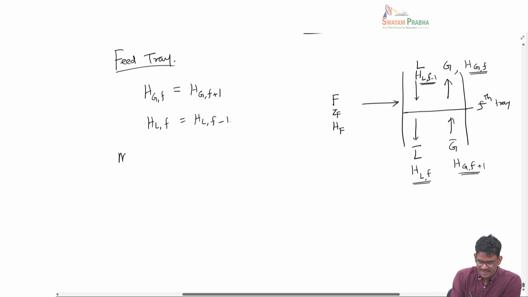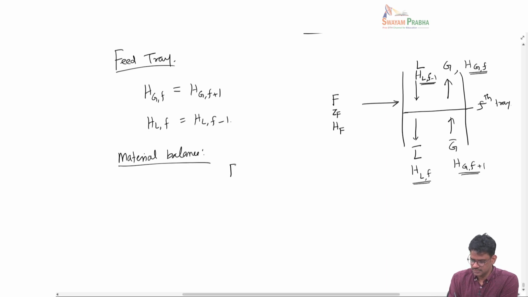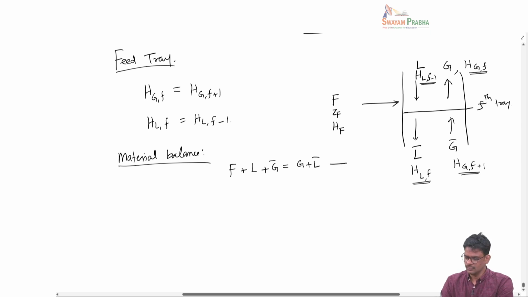So we will do a material balance over the feed tray. If you look at what is coming into the system, feed is coming in, liquid L is coming in, and then G bar is coming in.